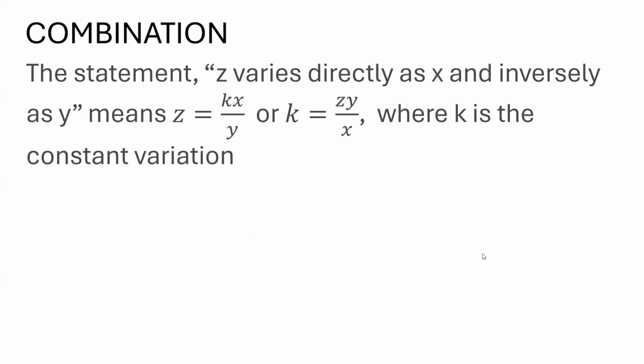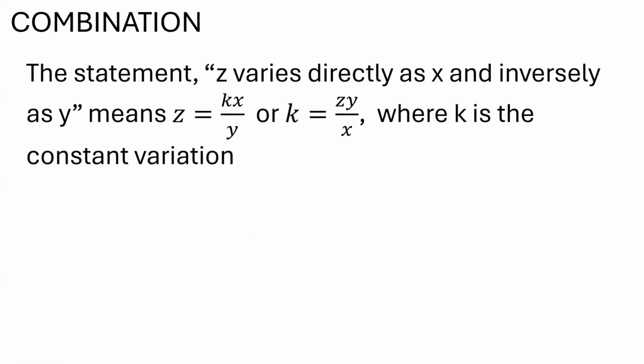The combination is the statement of z varies directly as x and inversely as y. So this is the combination of directly and inversely. When you put them together, we call this combination variation.